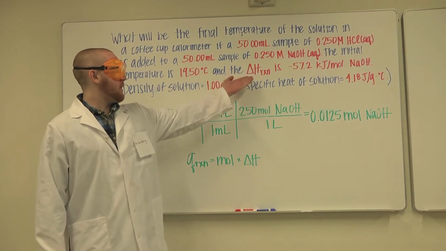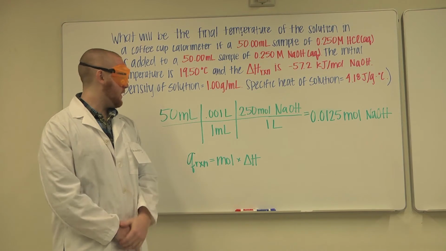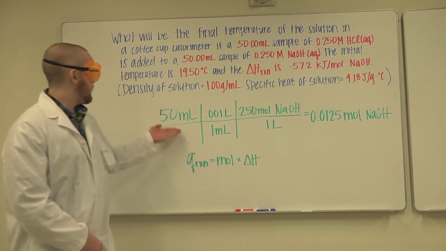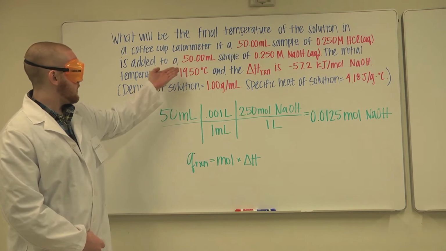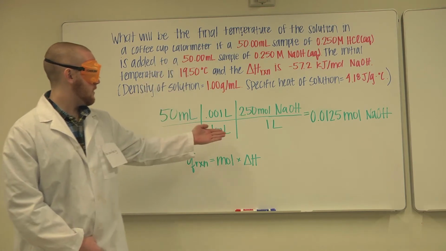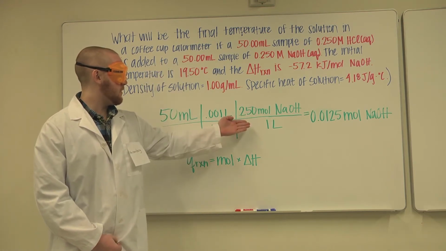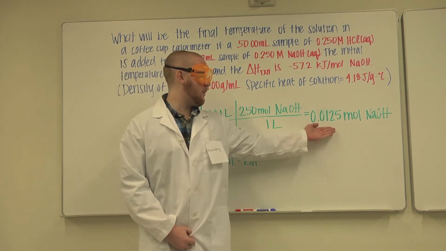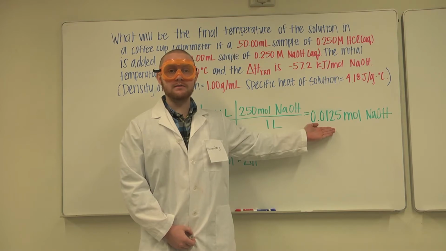As we've already been given the delta H for sodium hydroxide, all we need now to find the Q of the reaction is to find the moles of hydroxide. Assuming we have 50 milliliters of sodium hydroxide, we simply convert it to liters, use the 0.250 molarity, and we're able to get 0.0125 moles of sodium hydroxide.